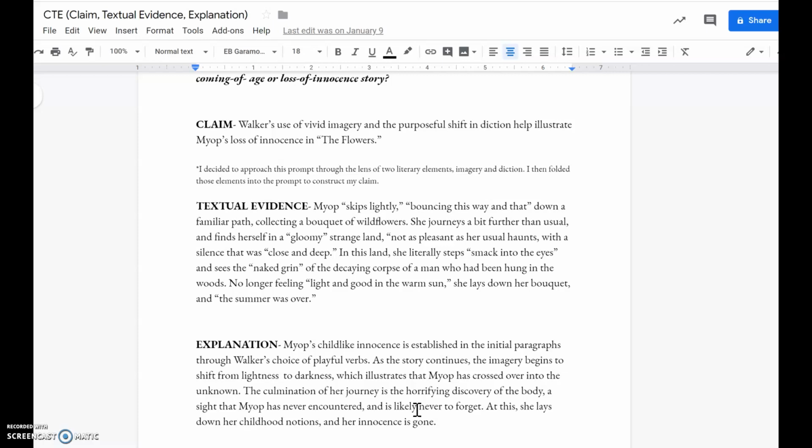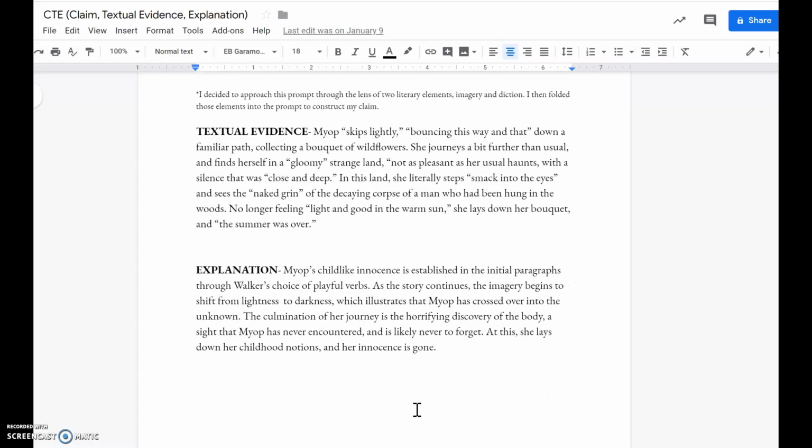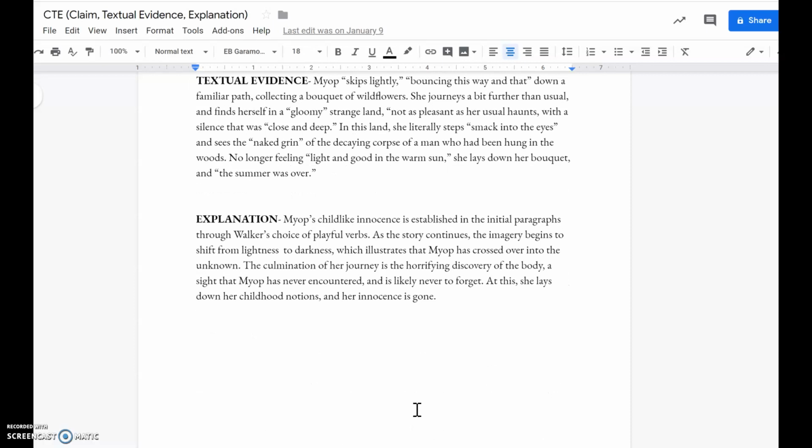I've got my evidence, and all that evidence helps me support the idea that Walker purposefully used vivid imagery and shifting in her diction, changing the diction, overall tone, I guess, of the diction to help illustrate that loss of innocence. Okay, so now I need to explain it. Myop's childlike innocence is established in the initial paragraphs through Walker's playful choice of verbs.